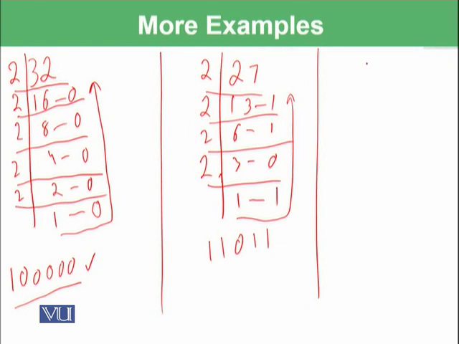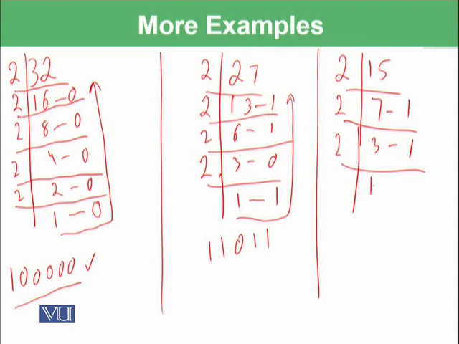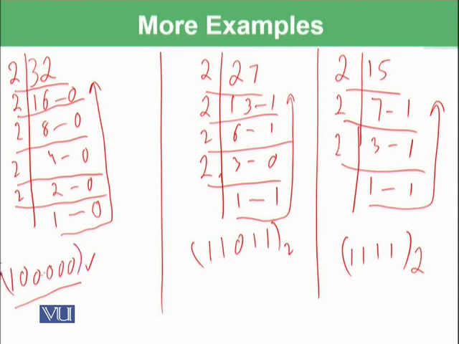We want to see what the decimal 15 is in binary notation. 2 sevens are 14, 1 is left. 2 threes are 6, 1 is left. 2 ones are 2, 1 is left. So writing in this direction, 1 1 1 1. This is in base 2, so we normally write it with a subscript 2. This 1 1 1 1 represents 15 in the binary system.